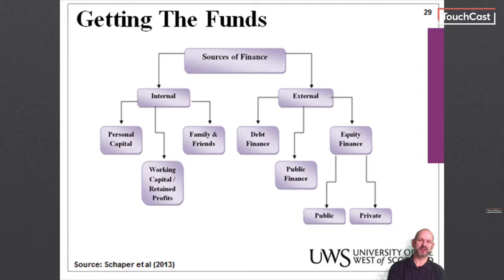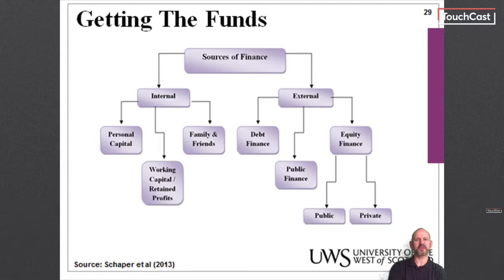It is liquid, which means you can draw on it without needing the permission of another party, and that can be quite useful. Then we have working capital or retained profits, and many businesses start trading early in the process and they use the surplus generated initially to reinvest back in the business to allow it to grow more quickly.